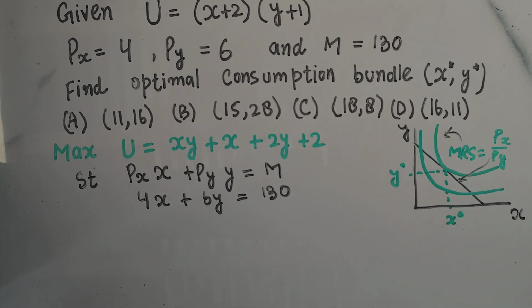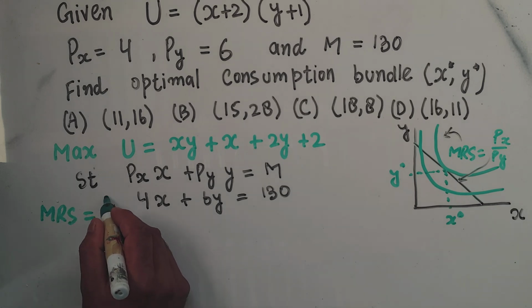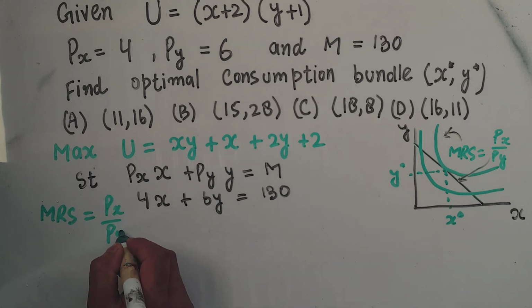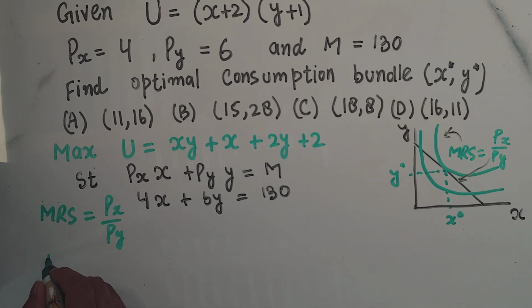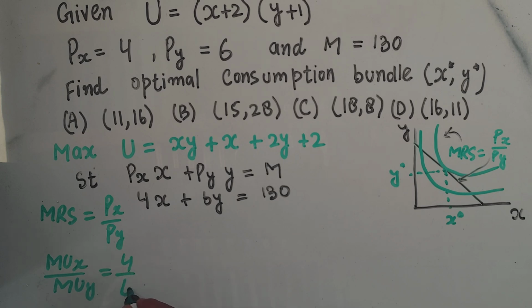So at this point our MRS should be equal to the ratio of the prices, price of x upon price of y. MRS, as we know, is the ratio of the marginal utility of good x upon marginal utility of good y, and it should be equal to price of x upon price of y. So price of x is 4, price of y is 6.